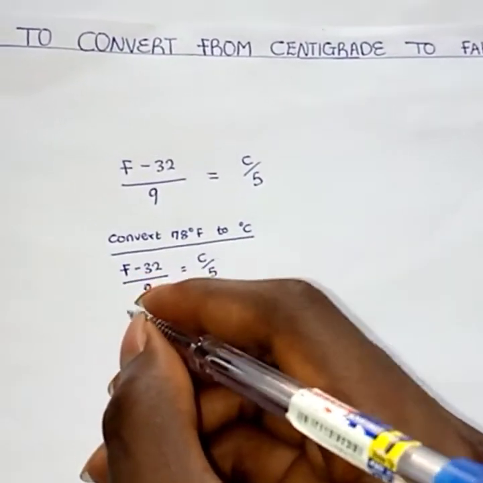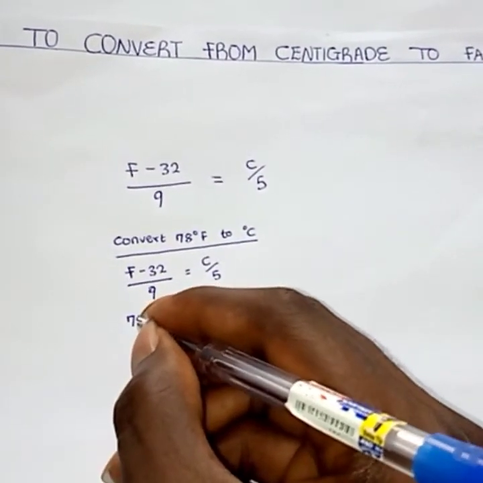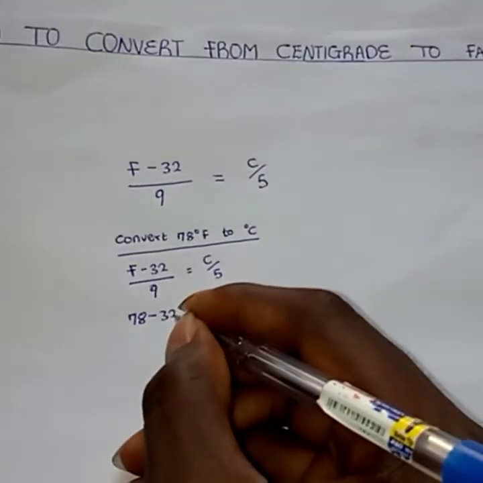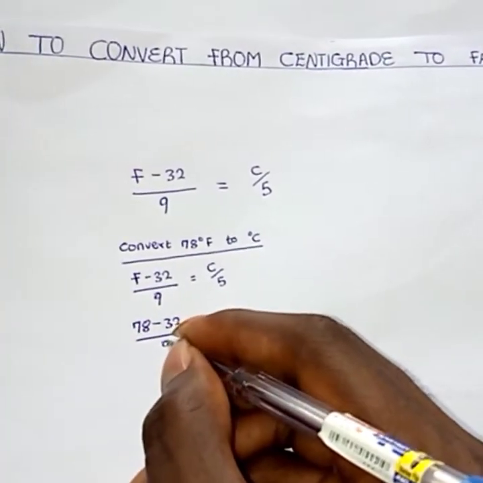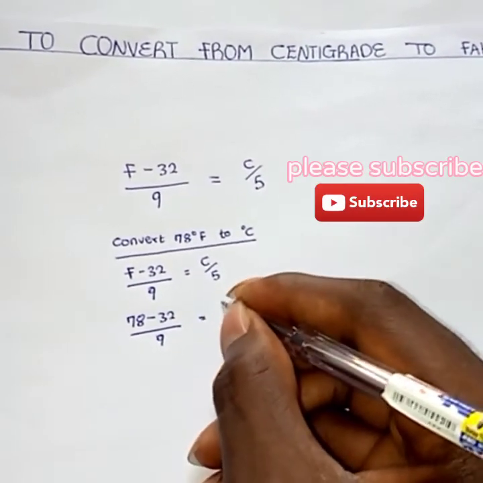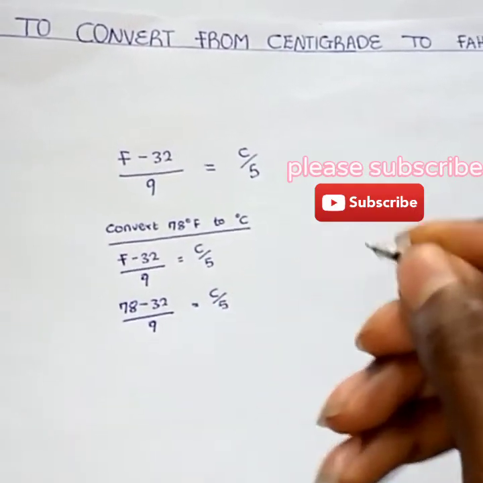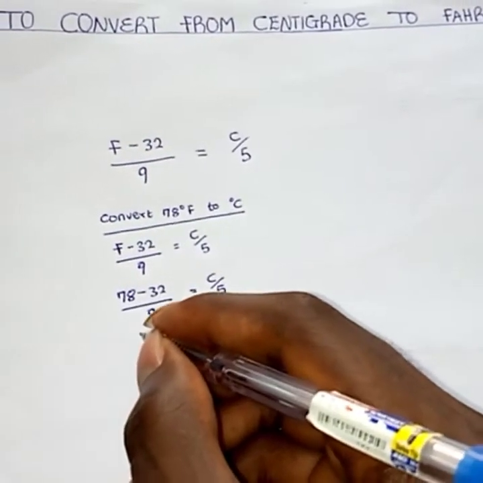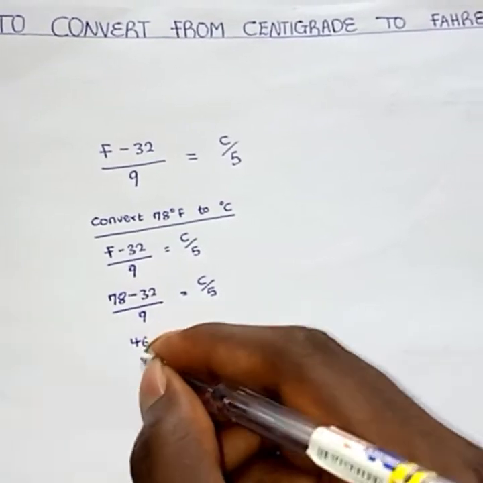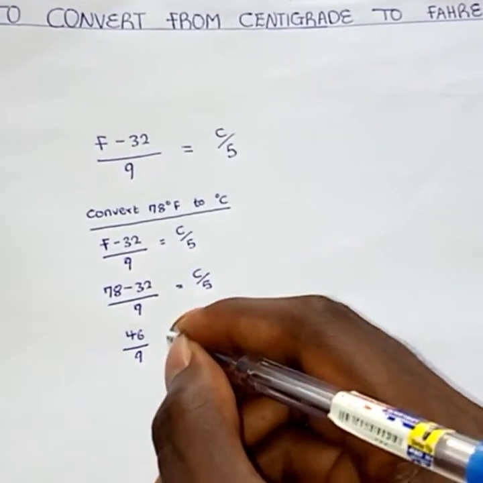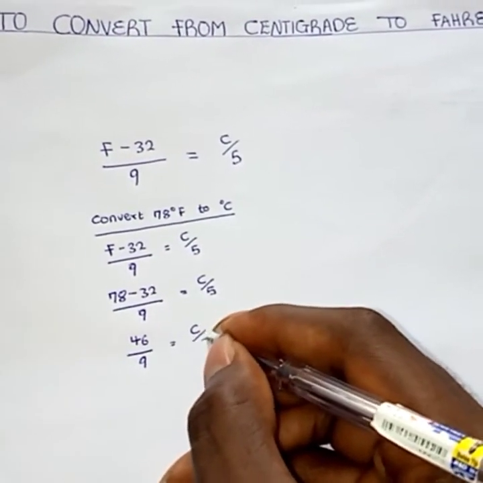Fixing our value, (78 - 32)/9 = C/5. So 78 minus 32 is 46, so 46/9 = C/5.